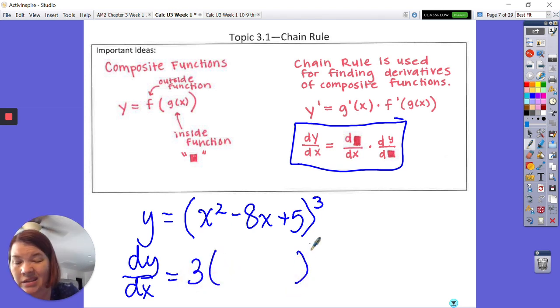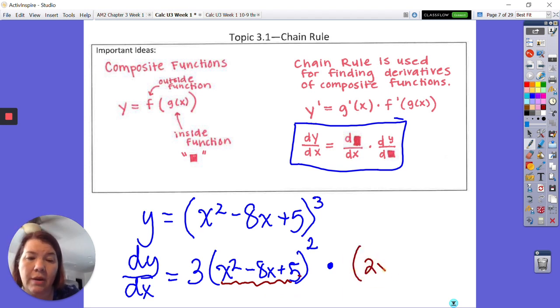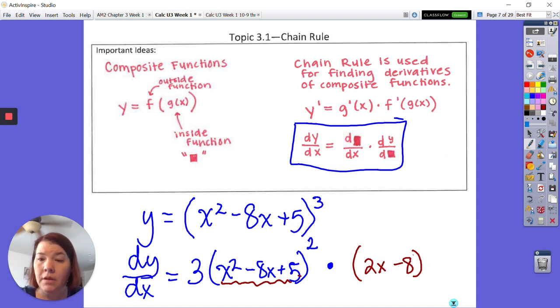The stuff inside stays there to the second power. And then I take the derivative of the inside stuff, in this case 2x minus 8. And that's my derivative.